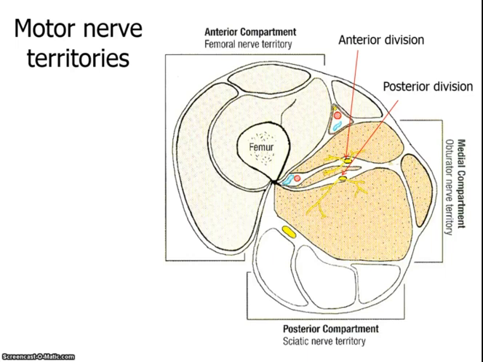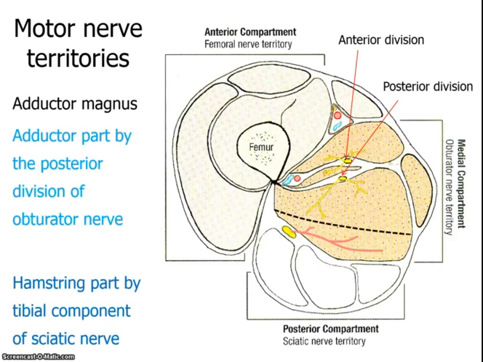Now we said the sciatic nerve has two components. It has a tibial component and a peroneal component. It is the tibial component that supplies the posterior compartment muscles of the thigh, and these muscles are called hamstring muscles, and together with the other hamstring muscles, the posterior part of the adductor magnus also operates as a hamstring muscle, and that part of the adductor magnus is also supplied by the tibial component of the sciatic nerve.